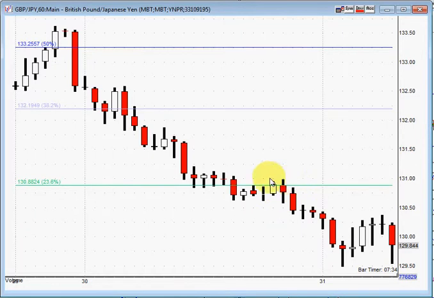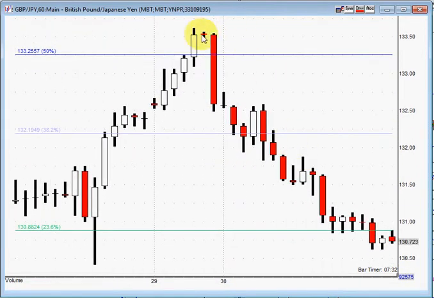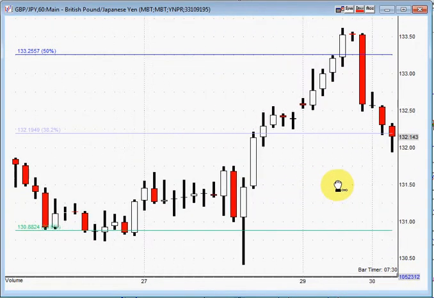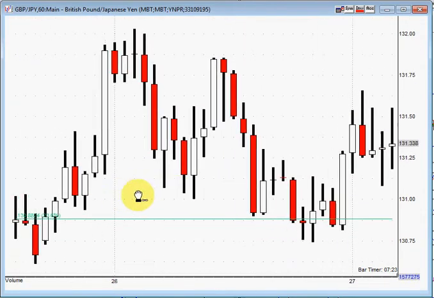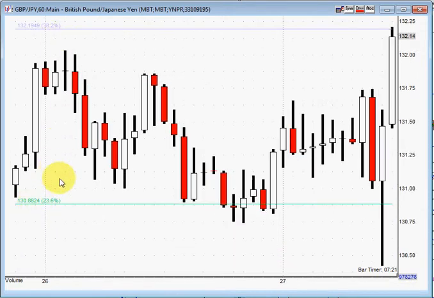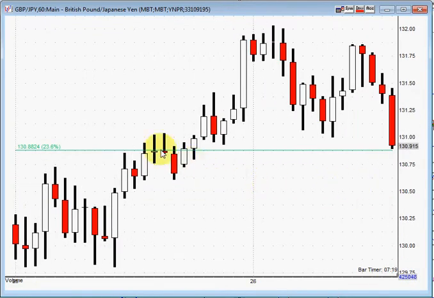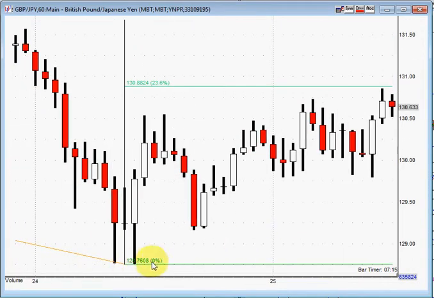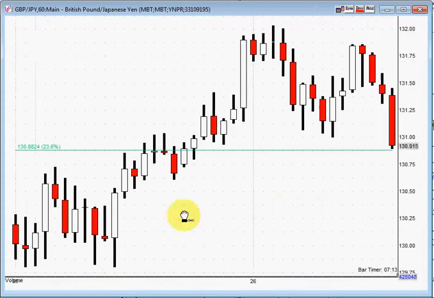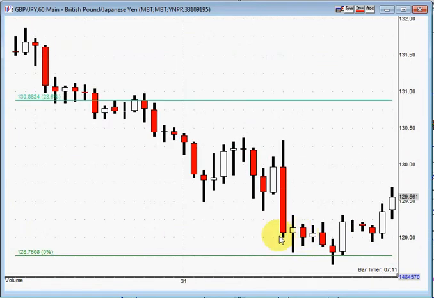You can see where these hold true. There's the 50, and there it is bouncing perfectly off, so there's support. That would be resistance, resistance, and there's the support. So how many times do we bounce off the zero line?